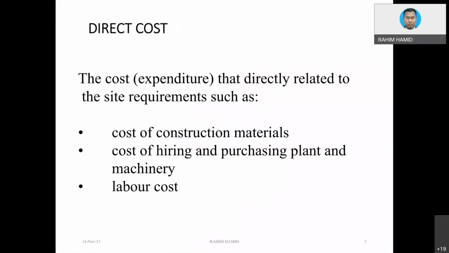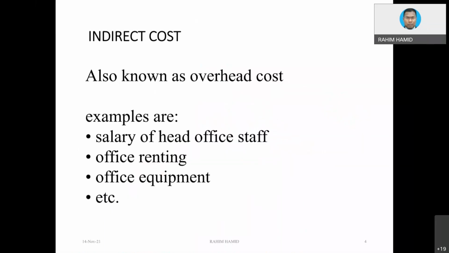So direct costs are material, plant or machineries, and labor, a big component. Most of the time, up to 90% of the total construction cost might go to these three items.